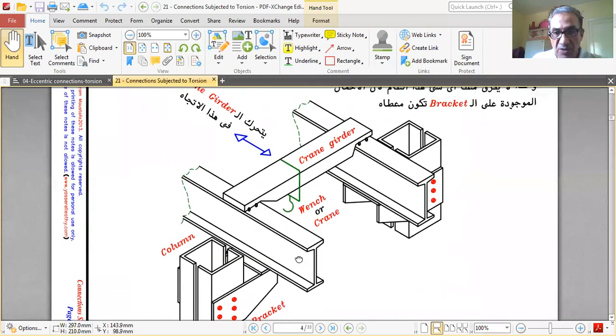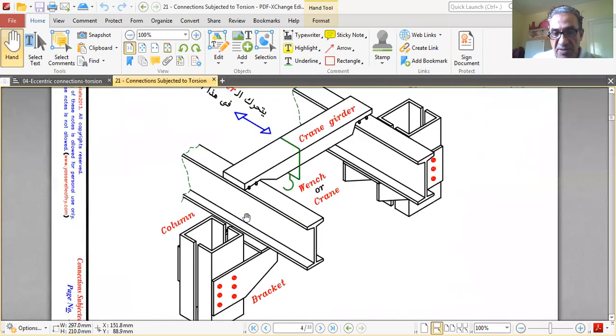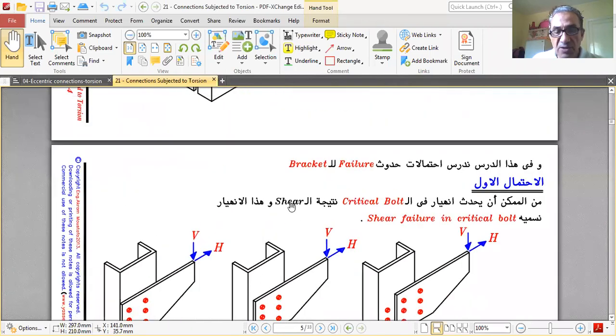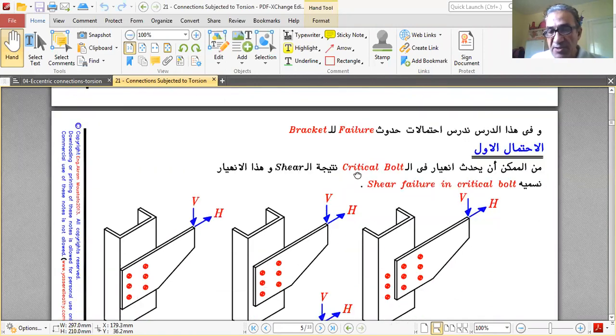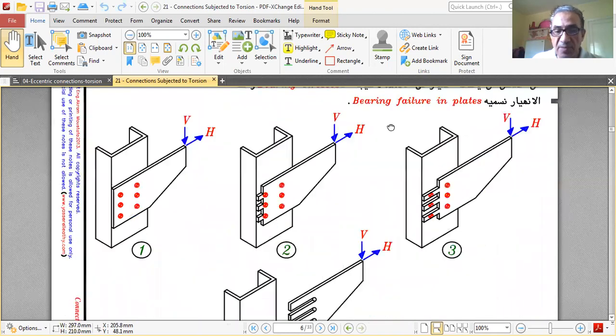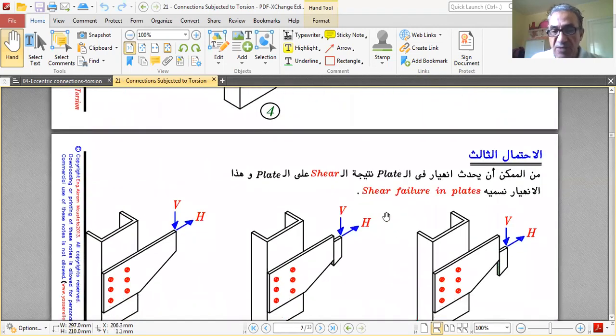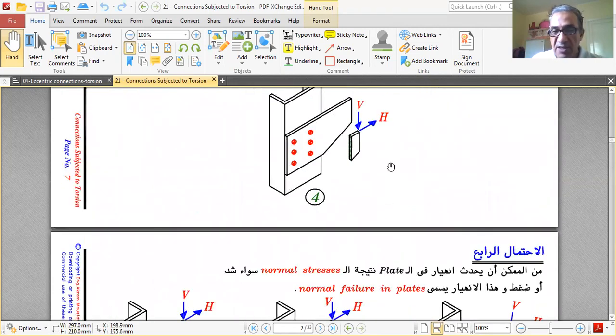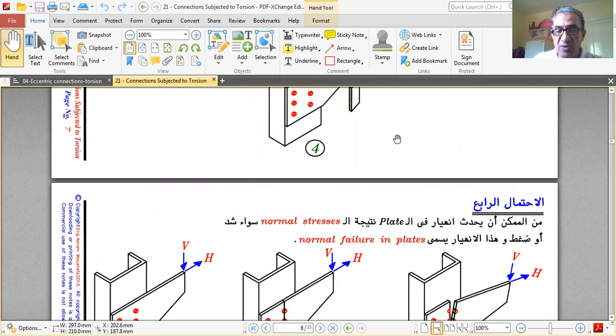Okay? And we talked about a crane. We said that this is the bracket of the crane that transmits the loads to the columns. What are the different failure mechanisms? We said there are four possible failure mechanisms for this connection. One, shear failure in the critical bolt. The second is bearing failure in the plates. The third is shear failure in the plates, and the fourth is normal stress failure in the plates.